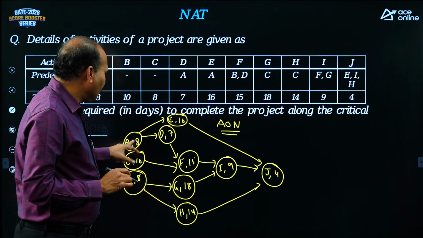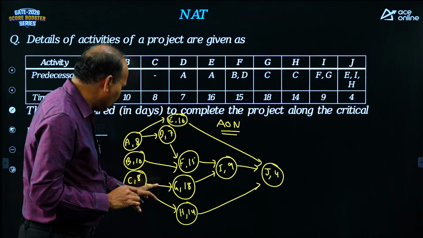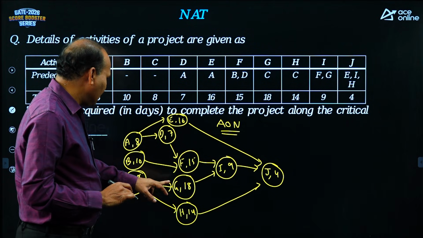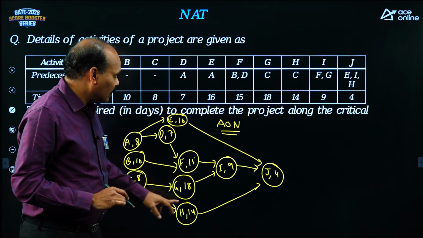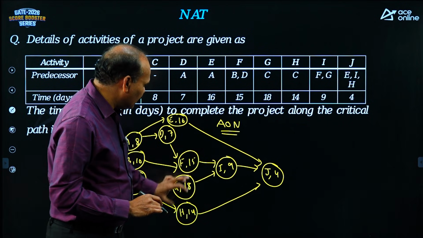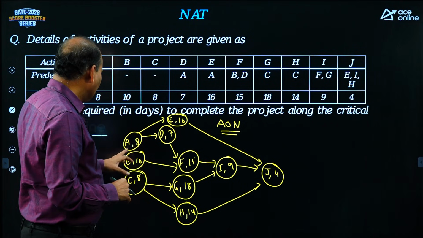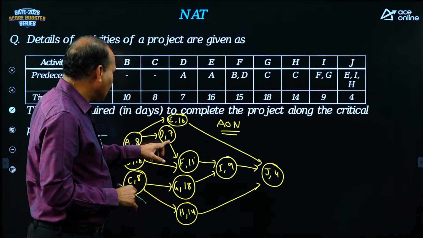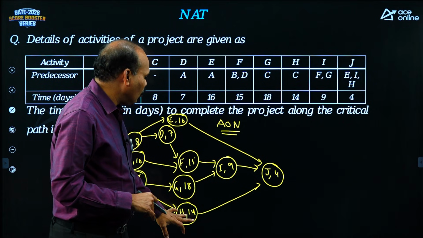D depends upon A, E depends upon A, F depends upon B, D. Next G after C, H after C, I depending upon F, G, J depending upon E, I, H, and the values 8, 10, 8, 7, 16, 15, 18, 14, 9, 4.